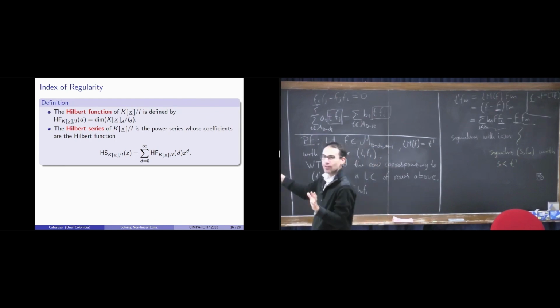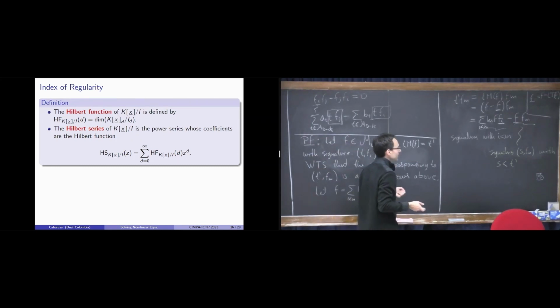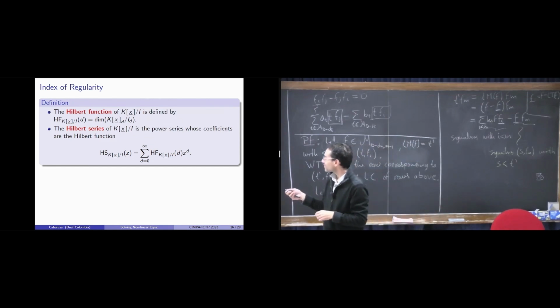But this is not adding anything new. It's just, in a way, notation. And it helps us because we know how to manipulate power series. So that's often very nice. But what is important here is the coefficients, which are the Hilbert functions, which tell the dimension of the quotient at degree D.